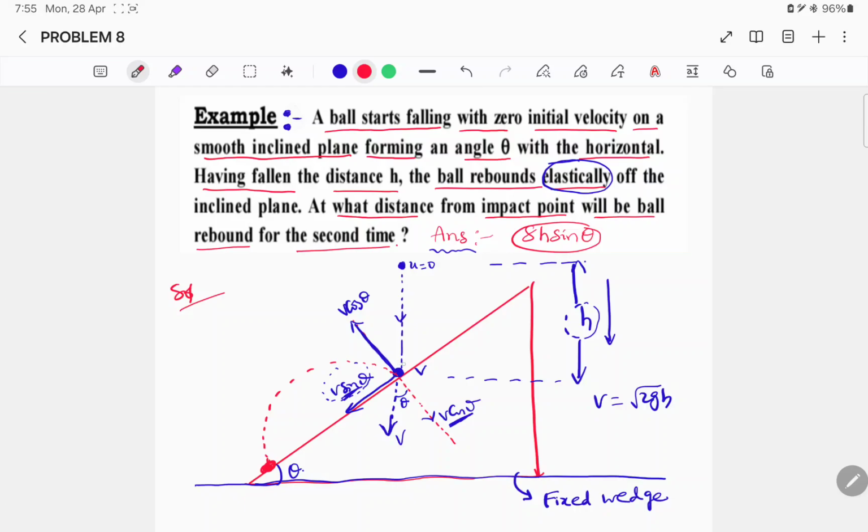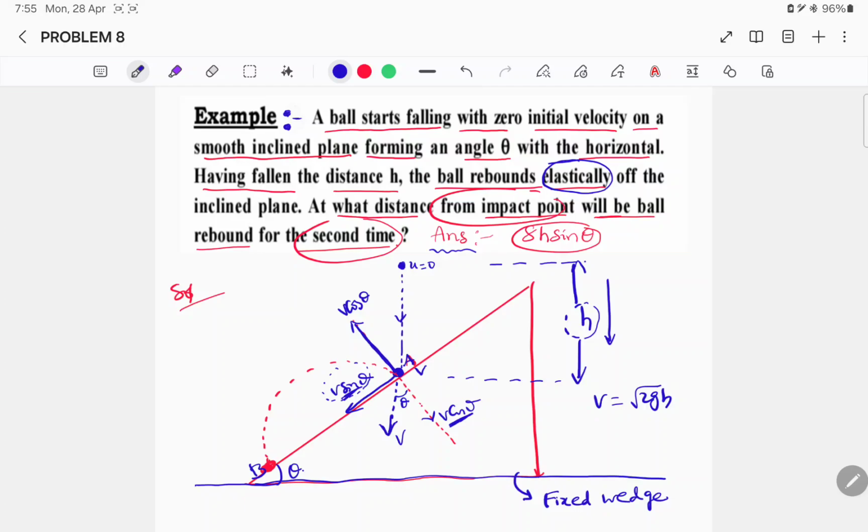From the impact point, say this is A, to the second impact, the second bouncing point, say this spot is B. From A to B, whatever the distance is, that we need to find. So is it not our range on the inclined plane?